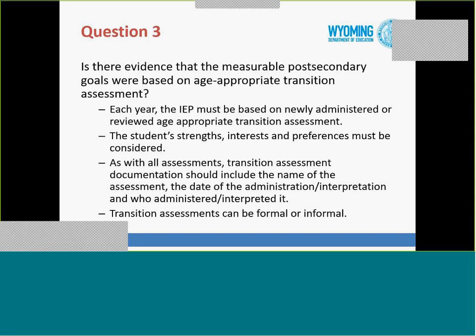As with all assessments, transition assessment documentation should include the name of the assessment, the date of the administration, interpretation, and who administered or interpreted it. Transition assessments can be formal or informal. So an interview with the student is acceptable, but just interviewing the parents or caregivers is not an acceptable form of an assessment.